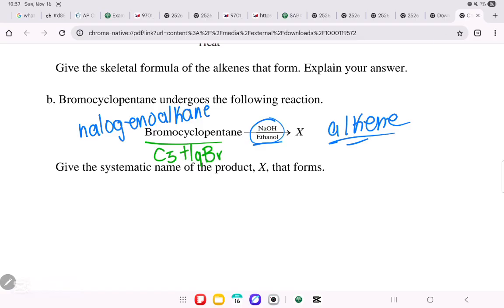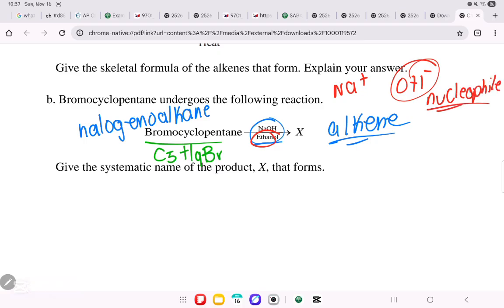Now, I'm just going to explain it very briefly, how it happens, so you guys can remember. The NaOH in ethanol, usually NaOH forms Na+ and OH-, and usually we would consider this as a nucleophile, meaning it loves electrons. It loves the nucleus, the positive, right?